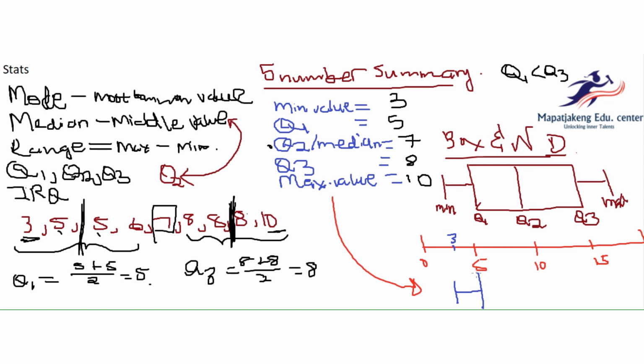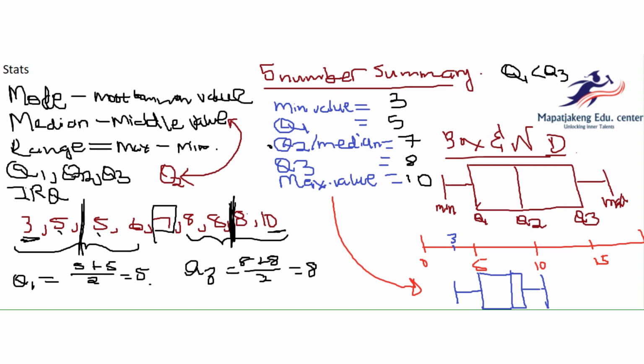Then your Q2 is 7, that's your Q2, and then you have your 8 as your Q3, 8 is there. Then you have your maximum at 10, straight there. So this will be the box and whisker diagram for this 5 number summary.